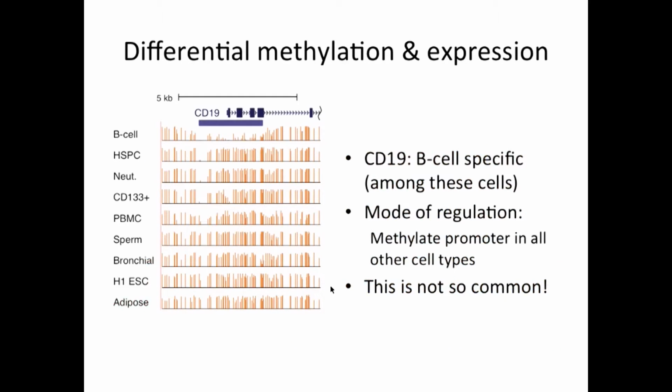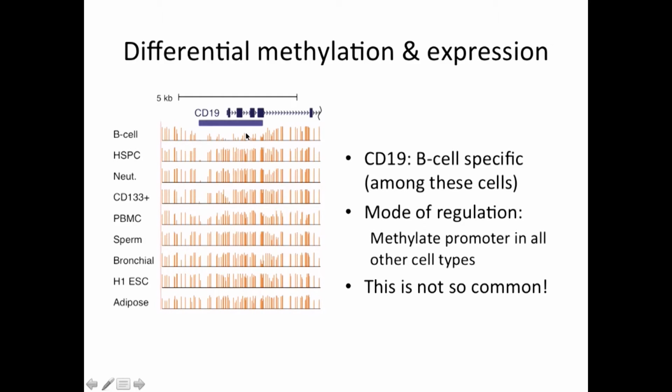So as I mentioned before, differential methylation and expression. I think this is one of the few cases in which you might see the methylation state of the TSS associated with differential expression. So this gene is CD19. It's a cell surface marker for B lymphocytes, and so it's specifically expressed in B lymphocytes.